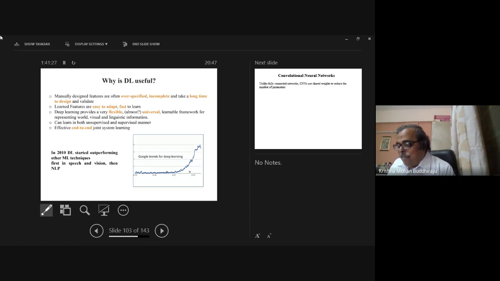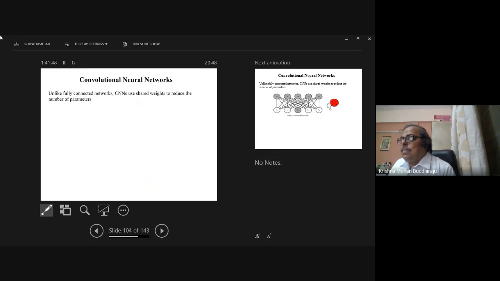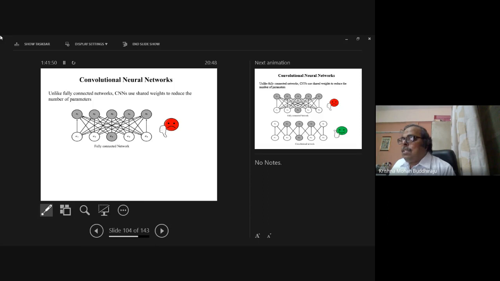You can simply generate images, videos, or audios mimicking any person. Such powerful models have come up.